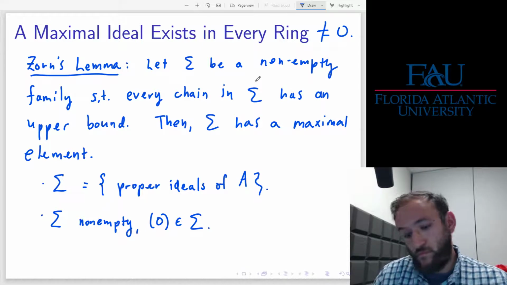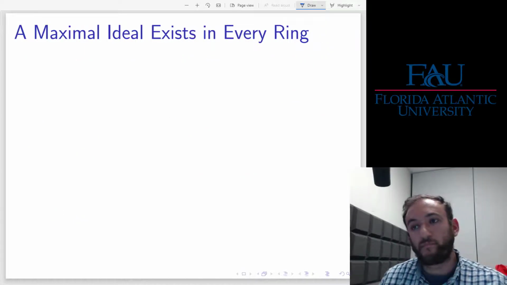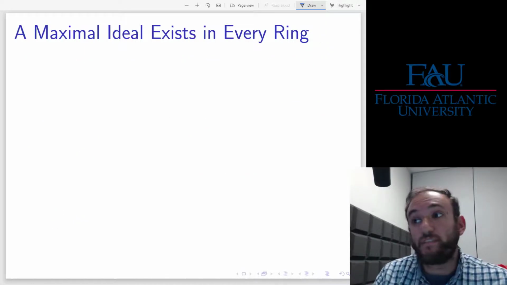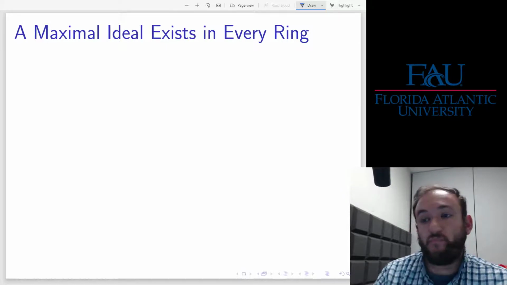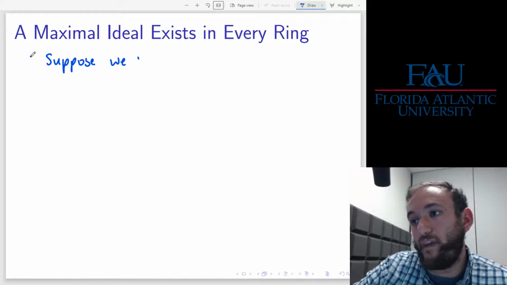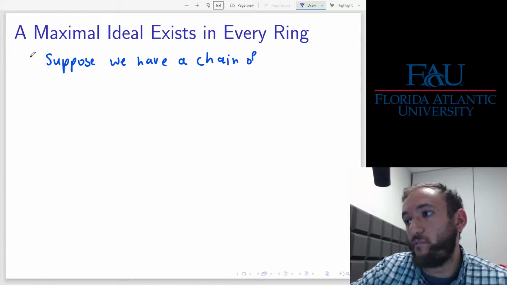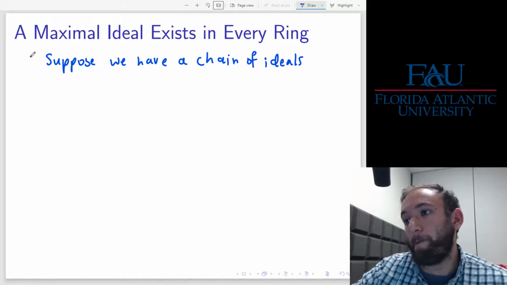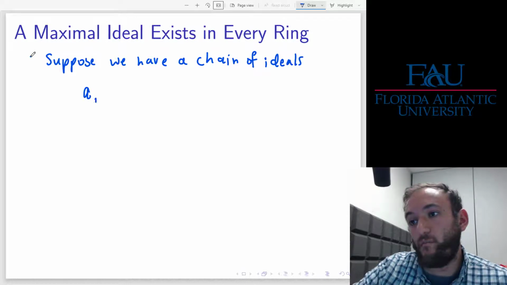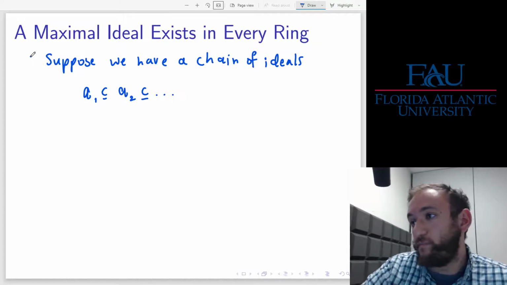Next we just need to show that every chain is bounded. So suppose we have a chain of ideals ordered by inclusion, and we've got A1 contained in A2, etc. So we need to show that this is upper bounded.